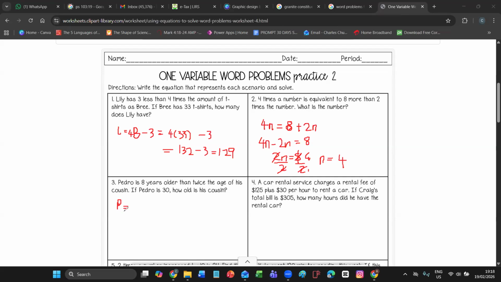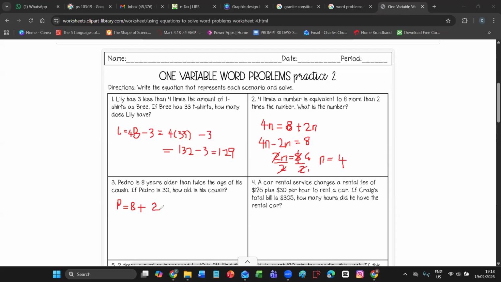So Pedro is, that's what we've just written now, 8 years older. Same thing as 8 more than. 8 years older is going to be 8 plus whatever comes after the 8 years older.